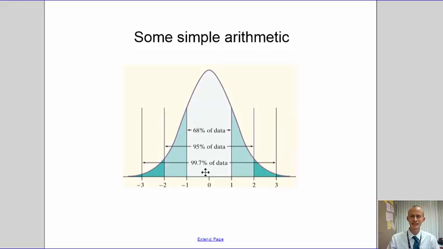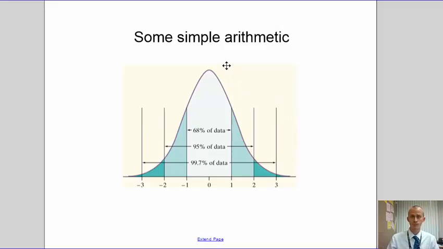If we know this is 68 in the center, and the total area is 100%, we can subtract those, and we end up with 32%. We have 2 tails, so we divide by 2, and each tail should have 16% of the data.